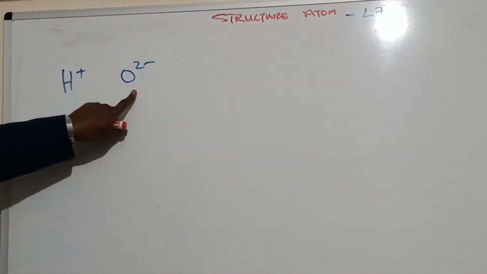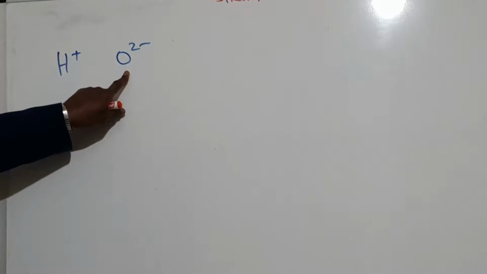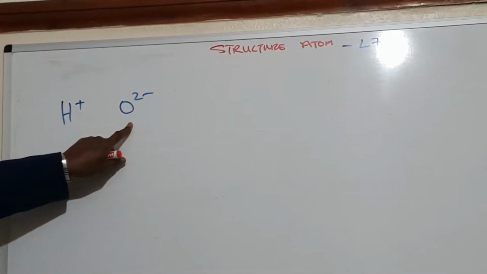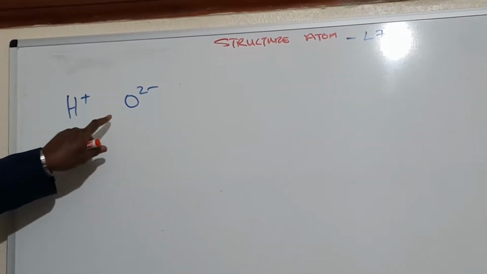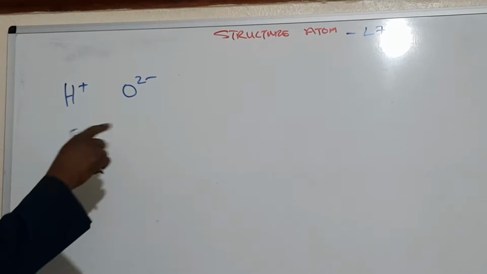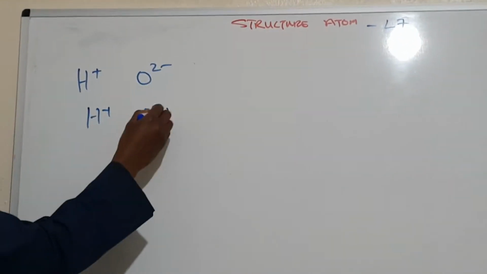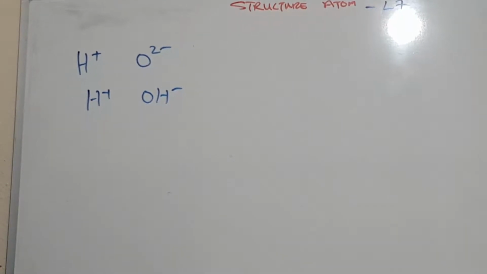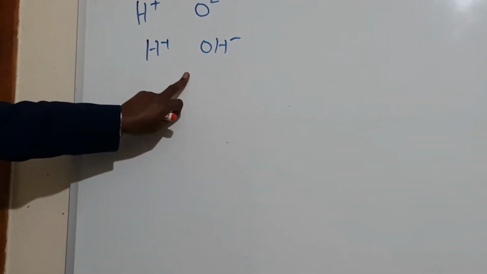This is called an ion. Actually, water is not really the way I said it. It's H plus and OH minus. Just for simplicity, that's what I did. But most of them, they write it like that.